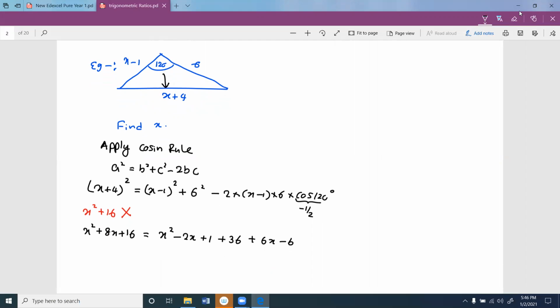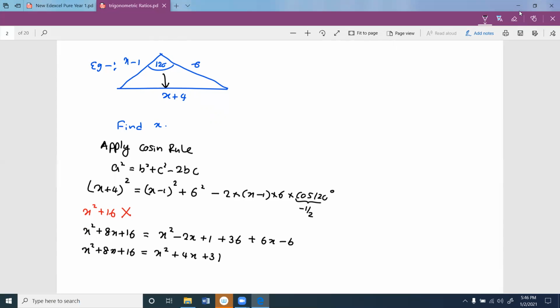Yeah, that's right. Okay, so if you simplify this, if you want, you can take all the terms to one side, but I just simplify the left hand side and right hand side separately. This is x squared plus 4x plus 31. Yeah, this is 31.